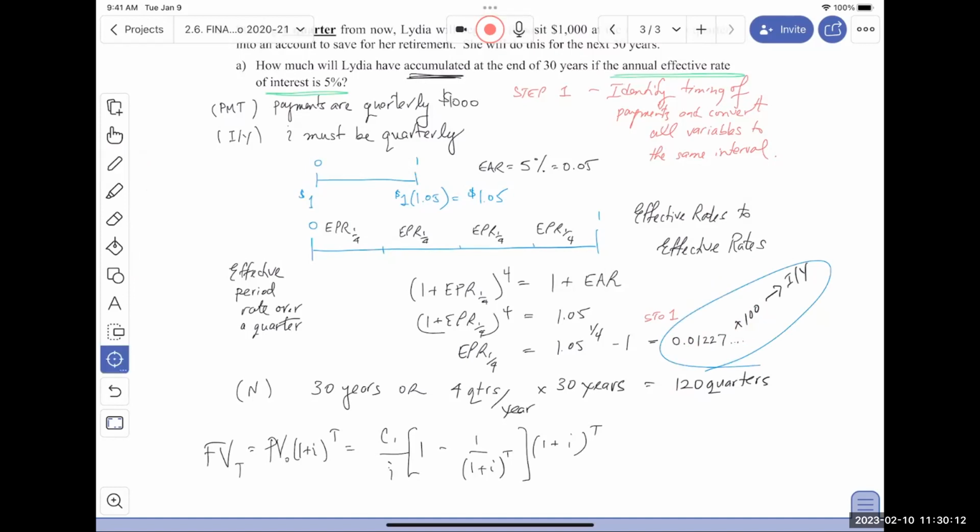I don't multiply it by 100 right away, but you can do that if you prefer and put that in storage. But I multiply it by 100 before I put it in the interest and then keep going. Then PV is zero, payment is 1,000, and then compute future value. So that's the difference. Excellent. So you got it.